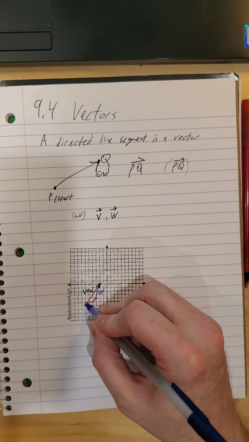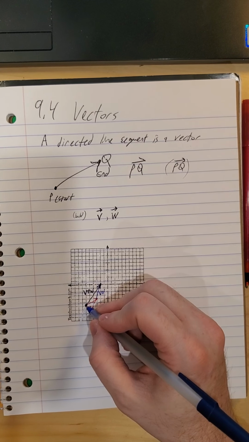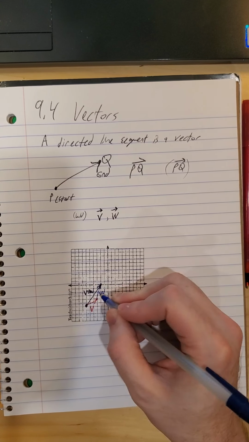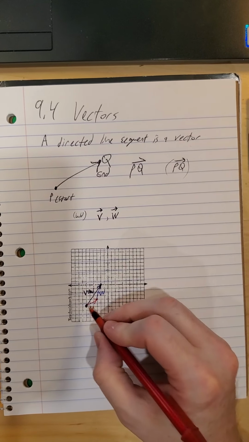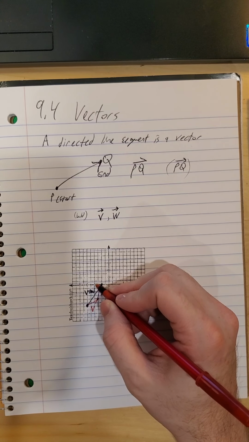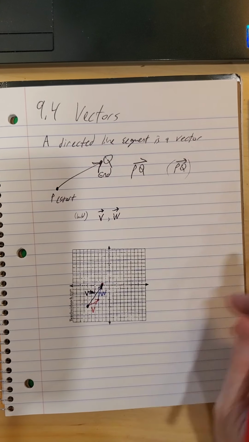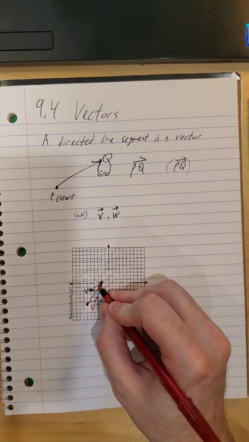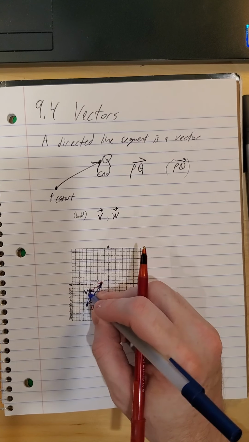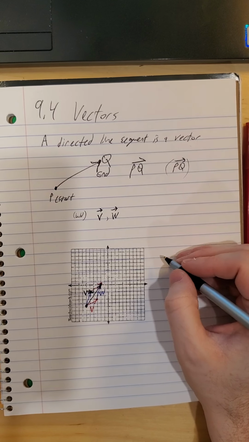If I start here and draw my W first, which, remember, is up 4 and right 1, so up 1, 2, 3, 4 and right 1, and then V had me go up 2 and right 3, so up 1, 2 and right 1, 2, and 3, we land on the very same point, whether we took care of V first or W first. So vector addition is commutative. It's also associative.